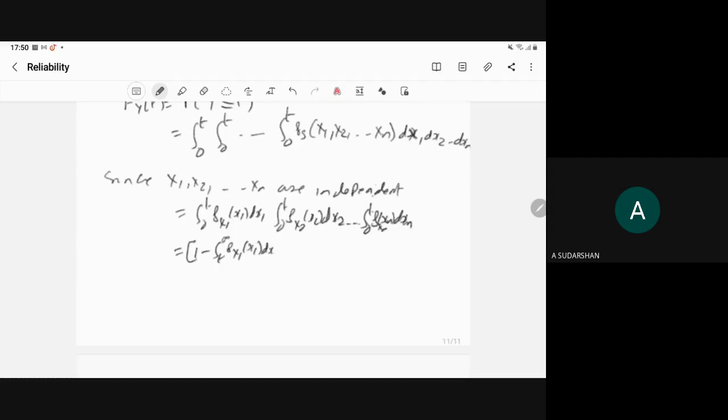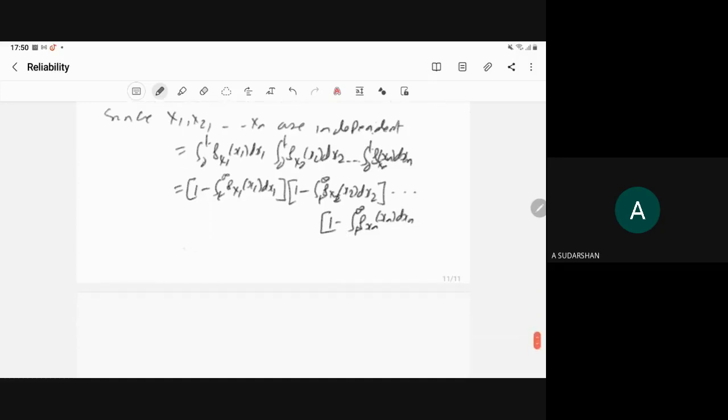x1 dx1, 1 minus integral t to infinity f of x2 dx2, so on, and 1 minus integral t to infinity f of xn dxn.